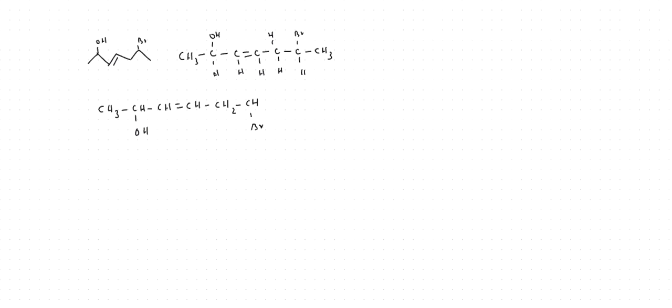Again, this compound contains a double bond, a halogen, and an OH group. But preference is to be given to the OH group. Therefore, the numbering starts here: 1, 2, 3, 4, 5, 6, 7. So it contains 7.